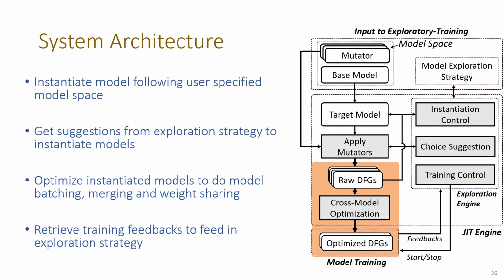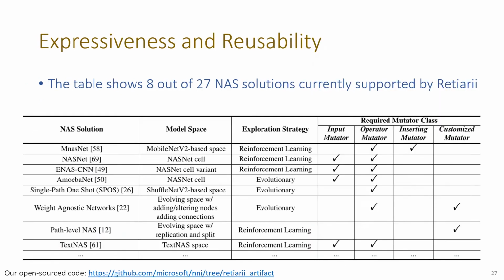The generated raw data flow graphs are optimized using cross-model optimizations before training. The training results are collected as feedback to the exploration strategy for making better decisions. This table shows 8 out of 27 NAS solutions currently supported by Retiarii.